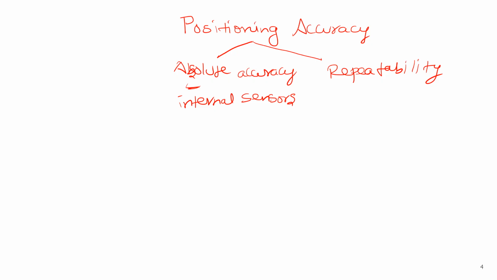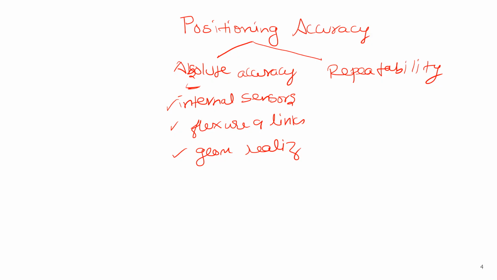The accuracy is influenced by the internal sensors, then flexure of the links, and also by the geometric realization, for example, the perpendicularity and parallelism of the successive rotational axes. We always prefer perpendicularity and parallelism in the successive rotational links. So these are the factors that influence the absolute accuracy.